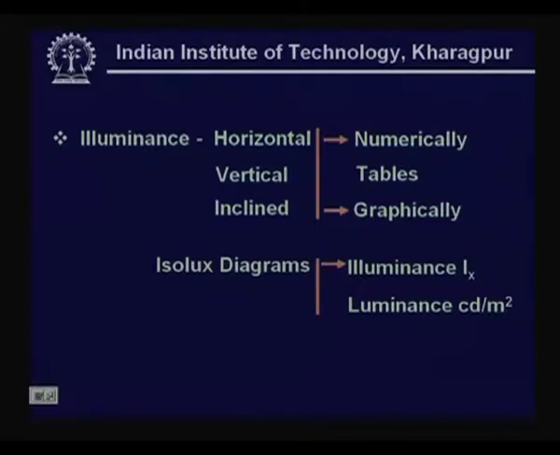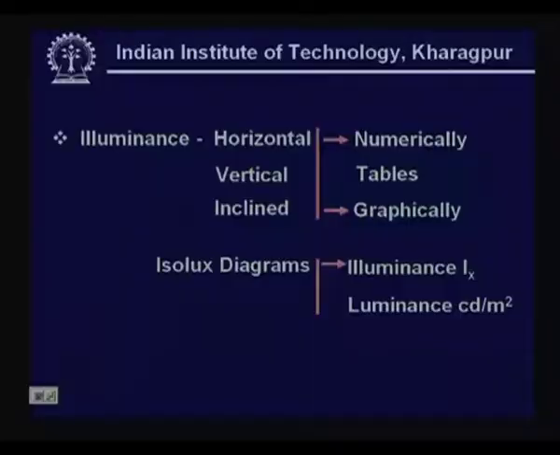The other important issue for a lighting system is the luminance, which is loosely or conventionally termed brightness, expressed in candela per meter square, that is per unit surface area, in the direction where you are interested.